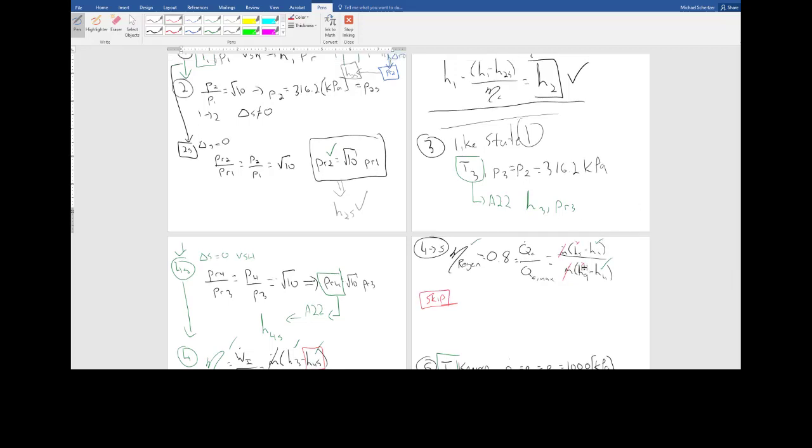Now we know H9, right? So now I can go through and find H5, right? So here, H5 minus H4 is going to be equal to the regenerator efficiency times H9 minus H4. Or H5 is going to be H4 plus the regenerator efficiency times H9 minus H4.